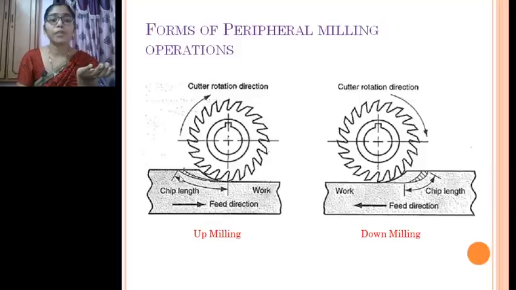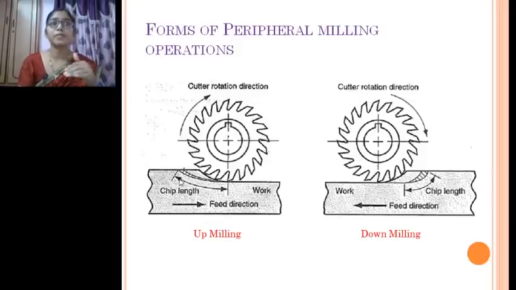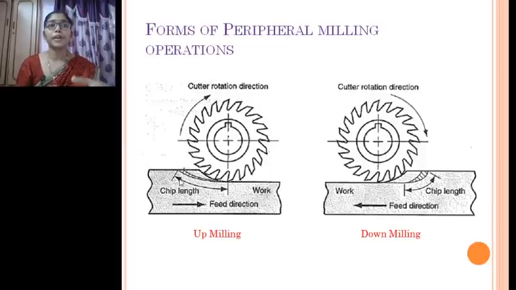So for this up milling operation, we need very sturdy fixtures. Fixtures and tool holding devices are much more important, the sturdiness is much important in the case of up milling process.